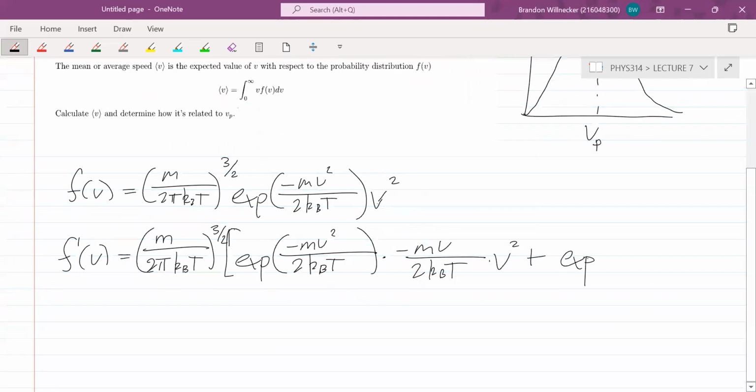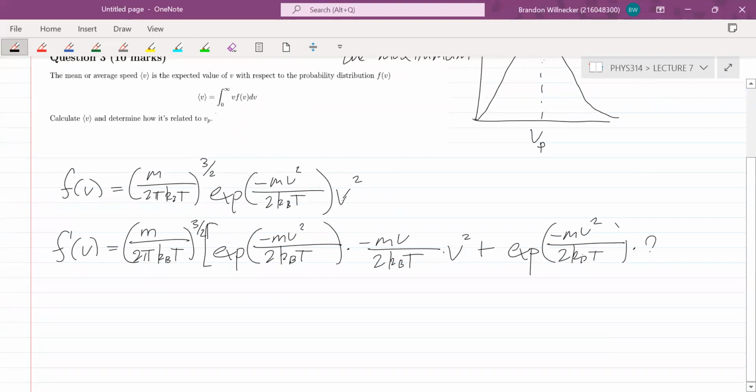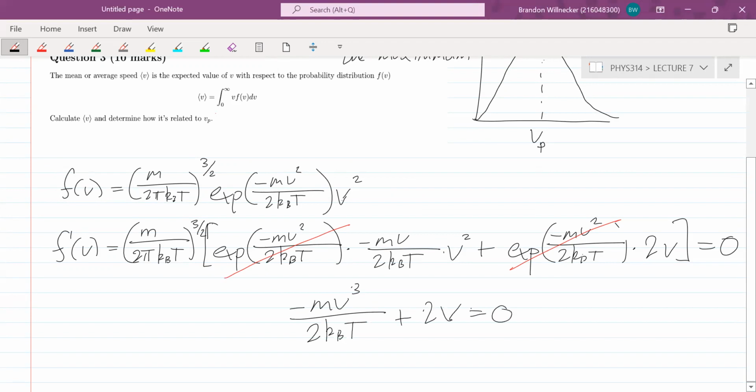So that's going to be exponential minus mv squared over 2 kbt times 2v. Okay, and then we want this to be equal to 0. So the exponential terms, we can get rid of those, that and that. So we're left with minus mv cubed over 2 kbt plus 2v is equal to 0.